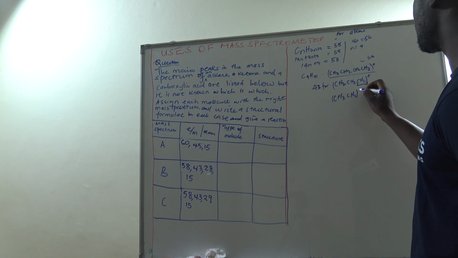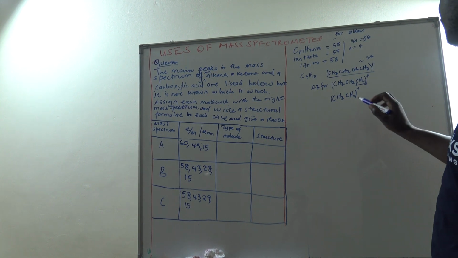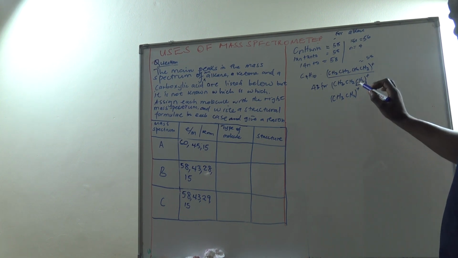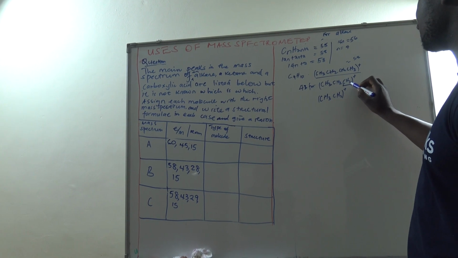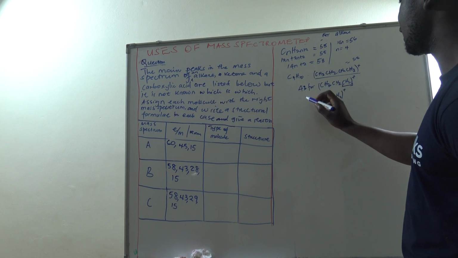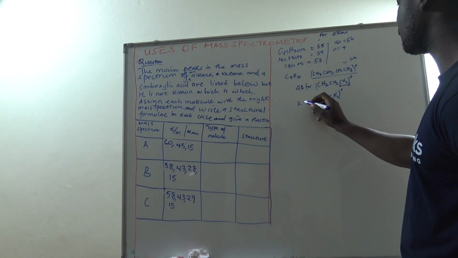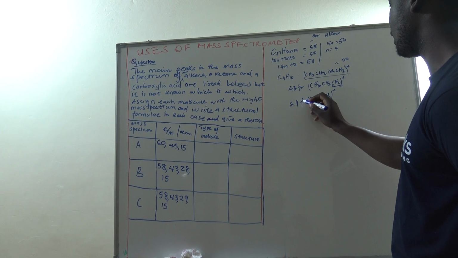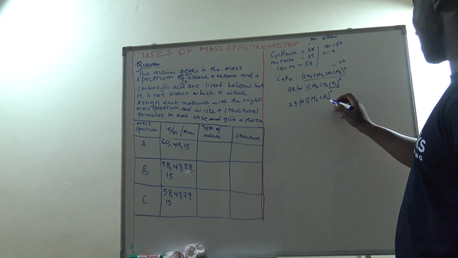This is another molecular ion. Now, this has been reduced by 12 plus 2, that is 14. Therefore, 43 minus 14, we get 29. Therefore, 29 corresponds to this molecular ion.